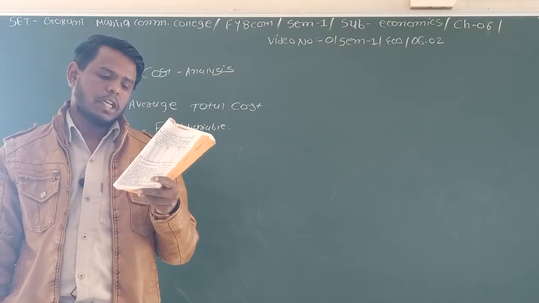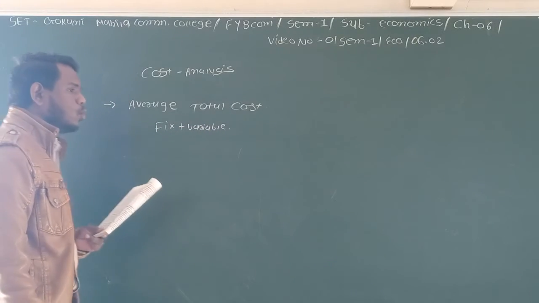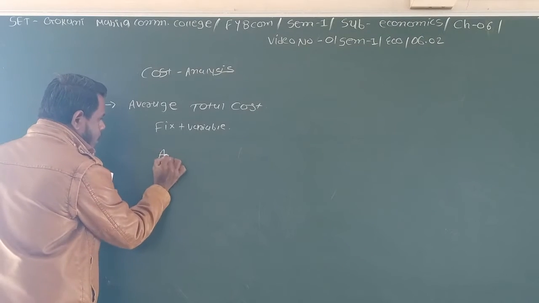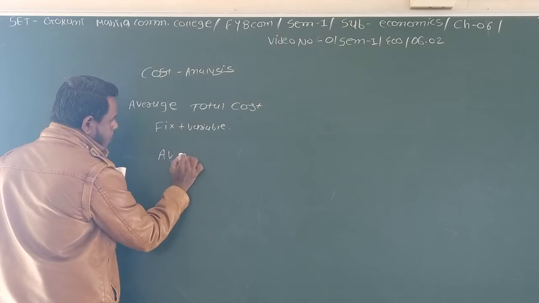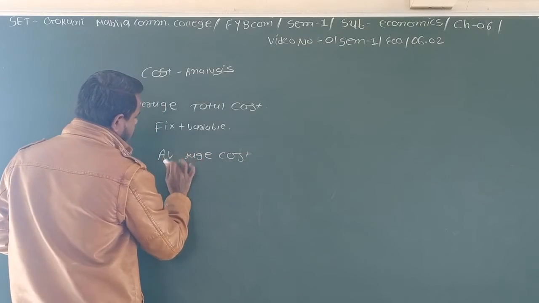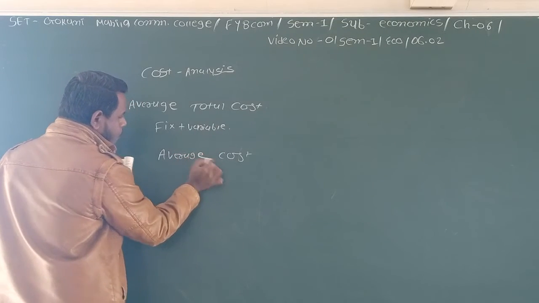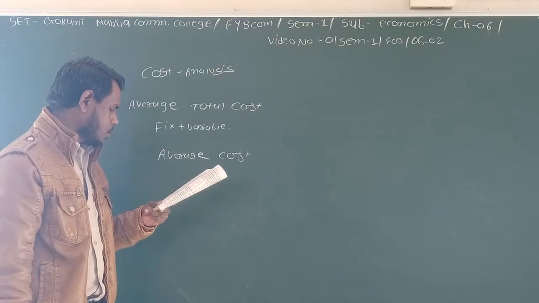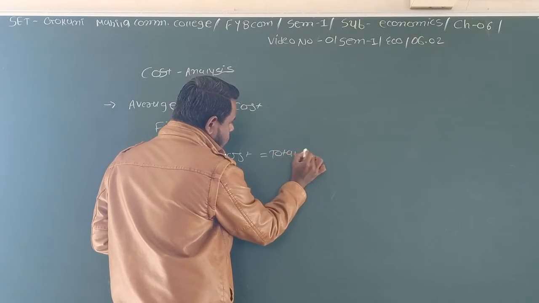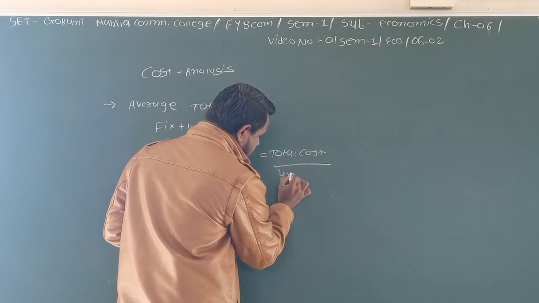In the form of an equation, if you want to show this, average cost means total cost divided by units of production.